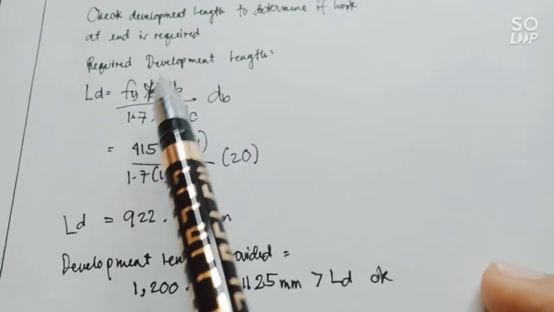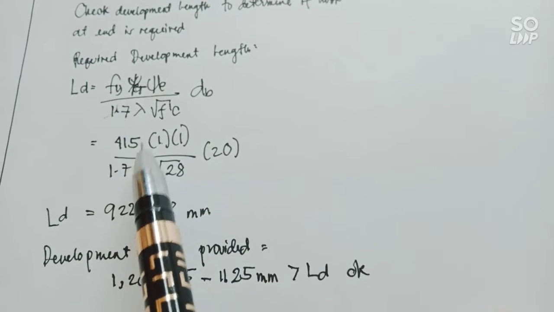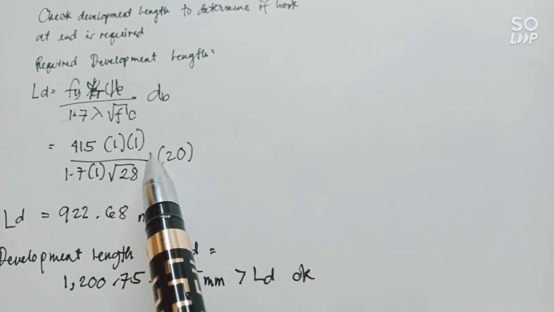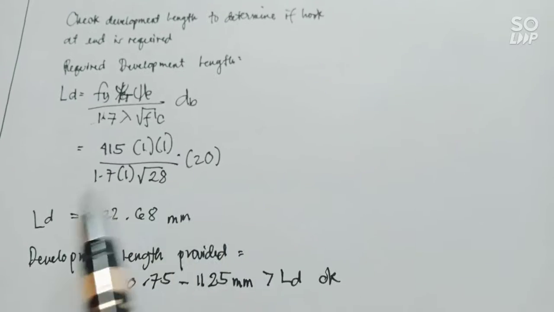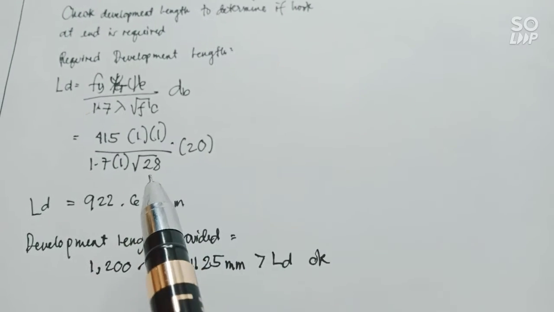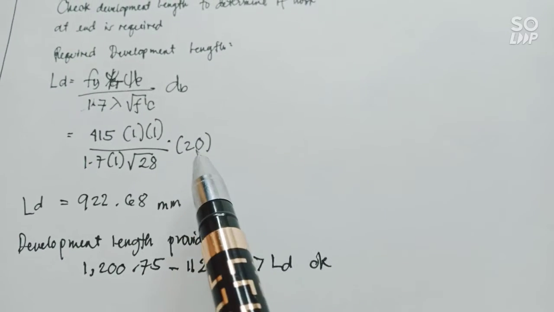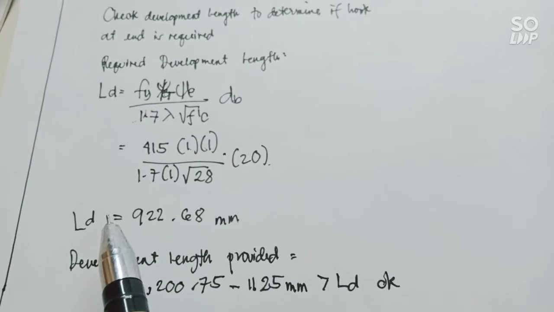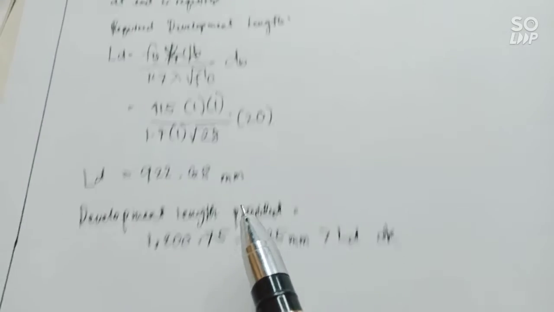So substitute all the given values. Fy 415 times the reinforcement location factor of 1.0 times the coating factor of 1.0 over 1.7 times the lambda of 1.0 times the square root of fc prime, which is 28, times the diameter of the steel bar, which is 20. So our development length is equal to 922.68 millimeters.